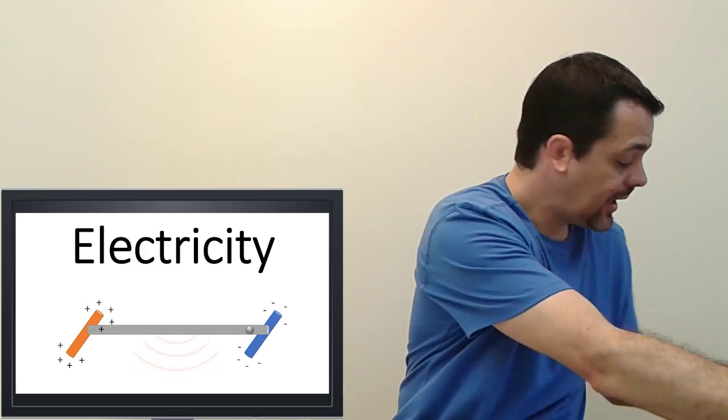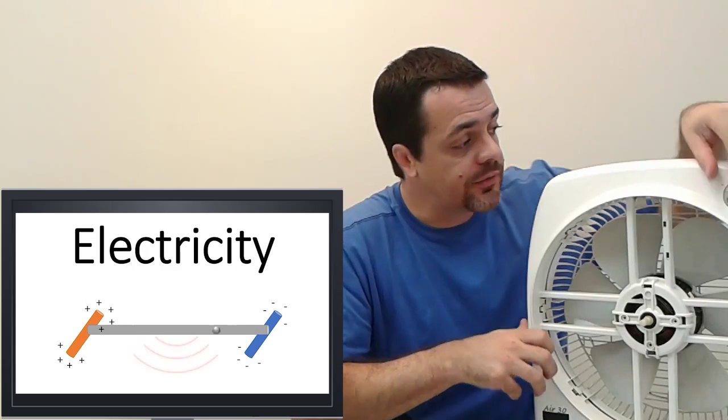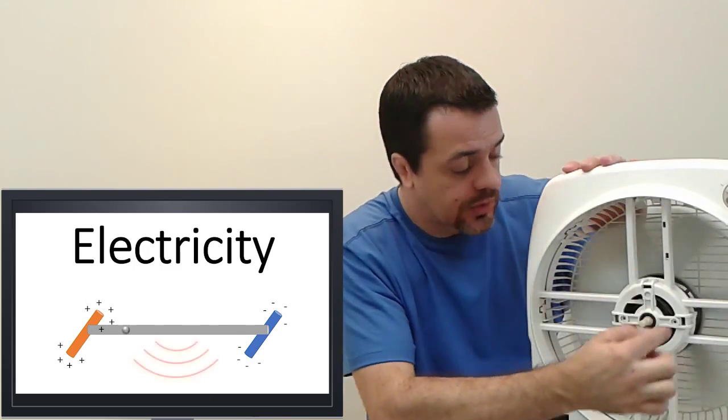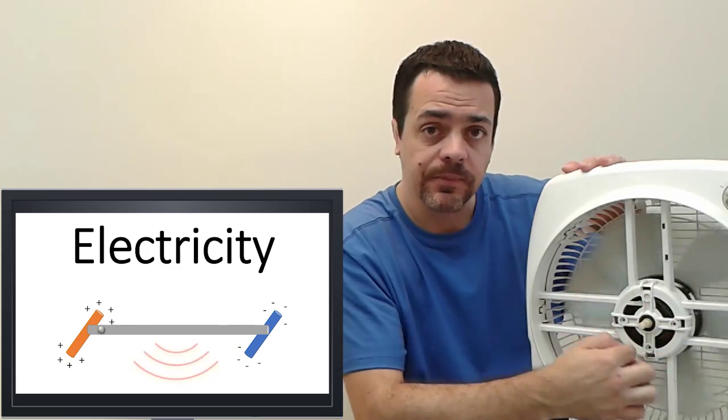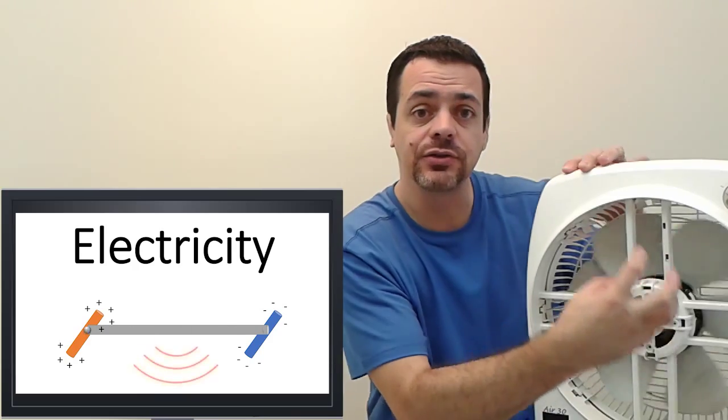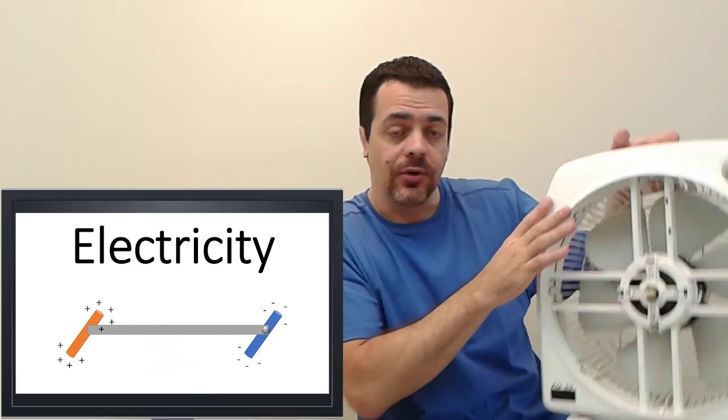The same thing happens here with this electric motor. If I turn this on, the electrons will travel through this motor, and the motor will transform the electric energy into movement.